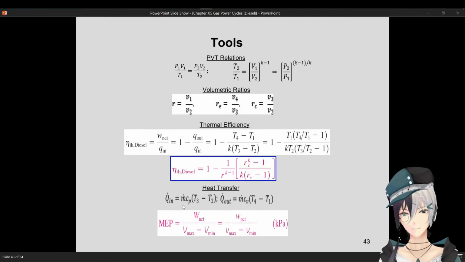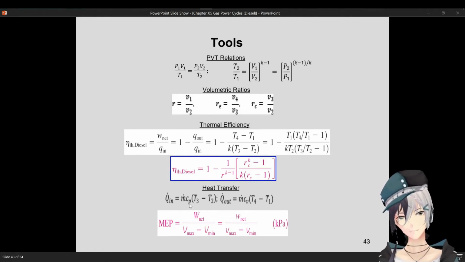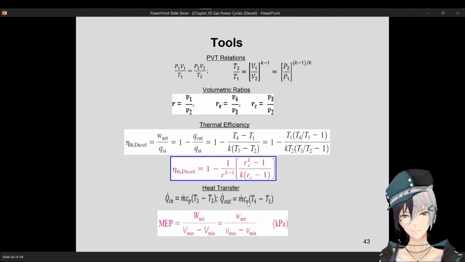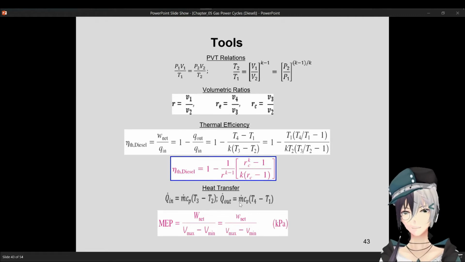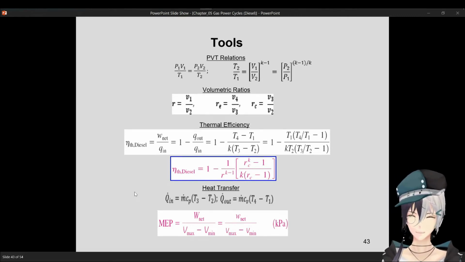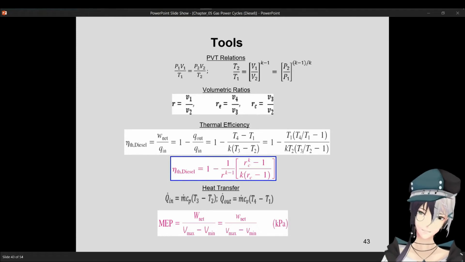So take note of the heat transfer, Cp and Cv. Constant pressure heat addition uses specific heat at constant pressure, and over here, specific heat at constant volume. Actually, you have less to memorize if you understand the diagram.